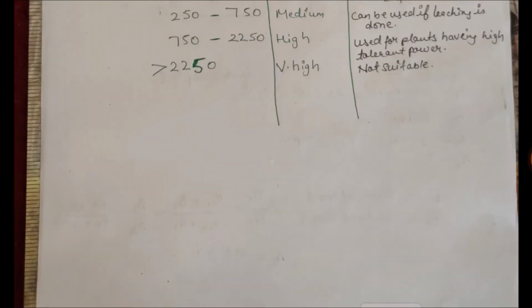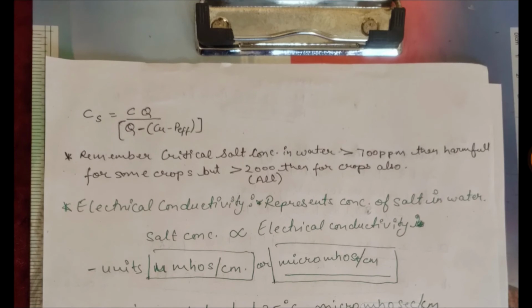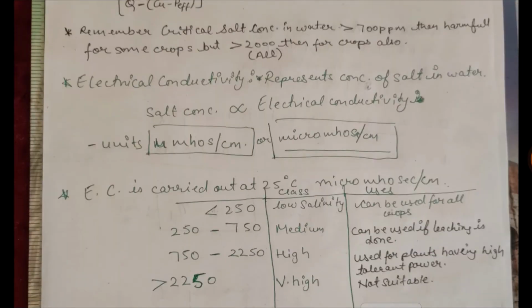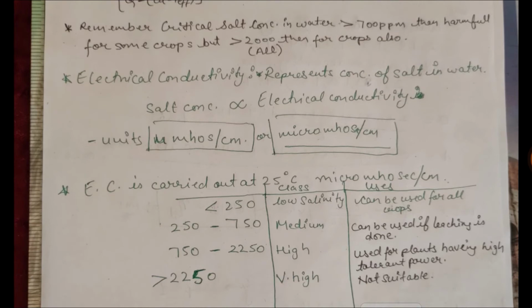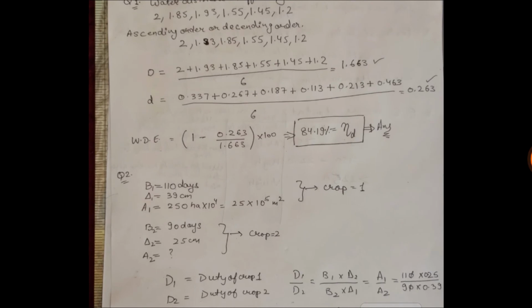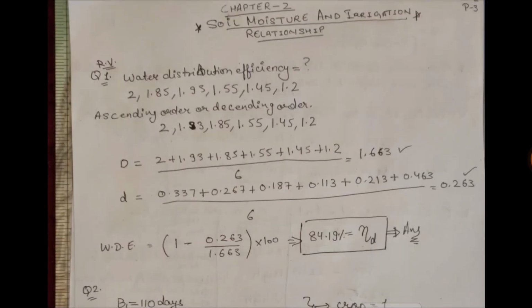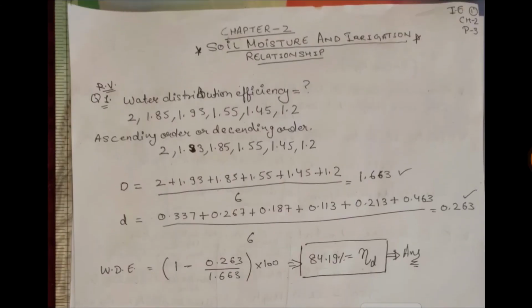This was an important topic of quality of water which we have studied just now. Let's see some numericals. One numerical is directly about finding the water distribution efficiency, which we discussed yesterday, where percolation is most in the left corner and least in the right corner.